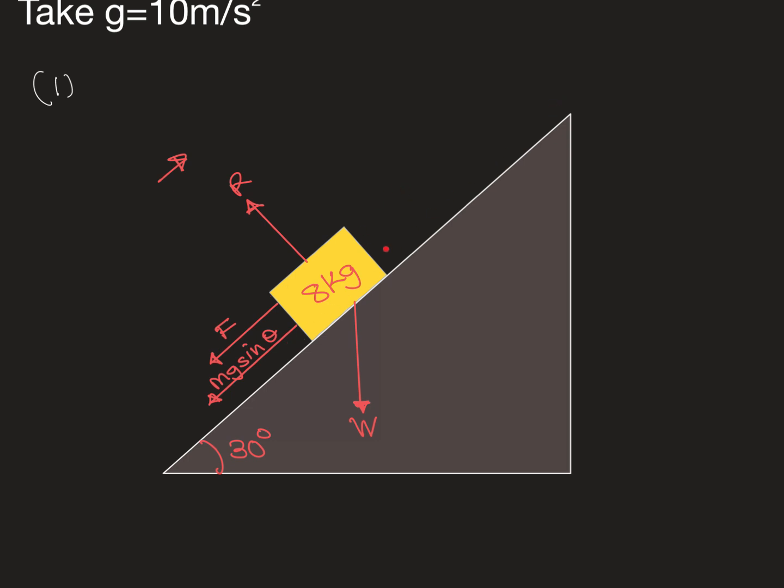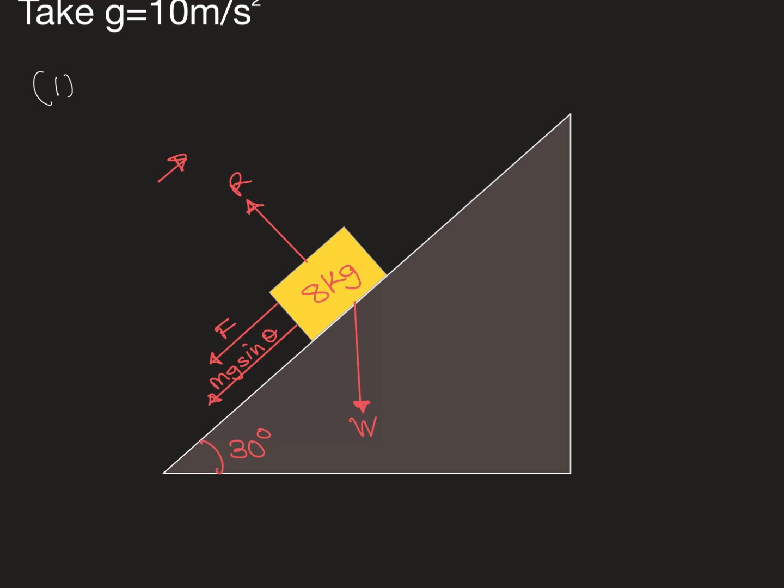To remind you, the body is about to move up the plane, but there is no applied force. So the two forces that we have are all acting in the opposite direction to the direction of motion, which are F, the frictional force, and mg sine theta. Since we are asked to find the acceleration, we need to know the net force.